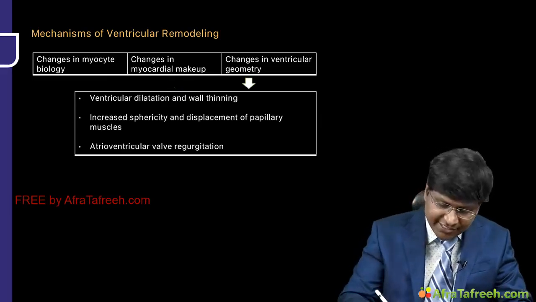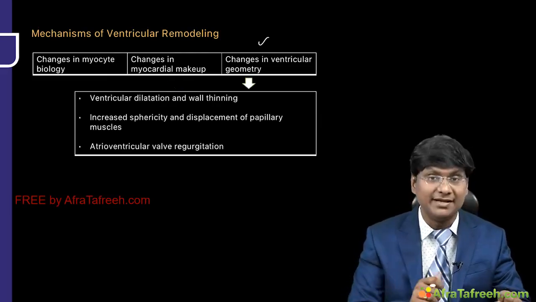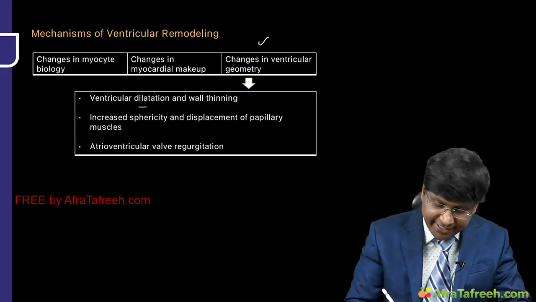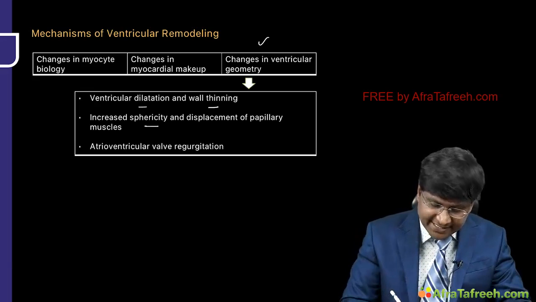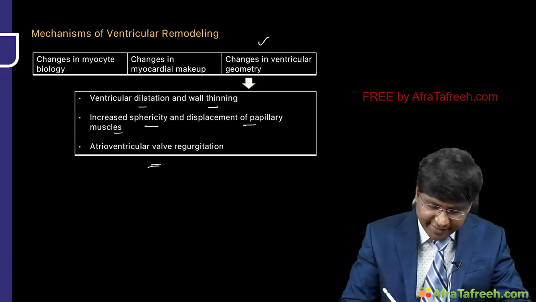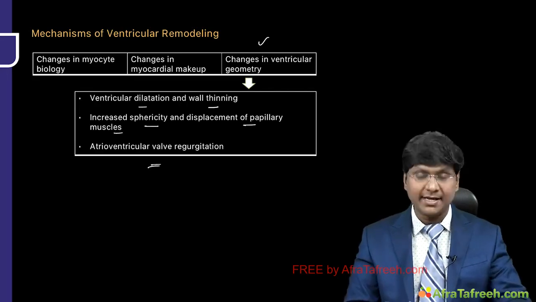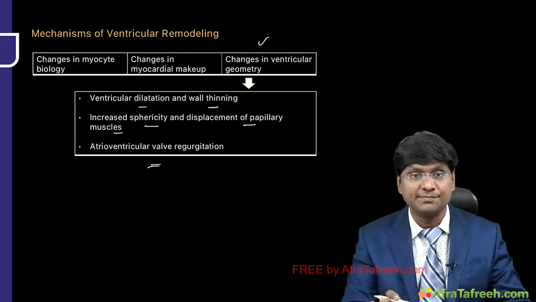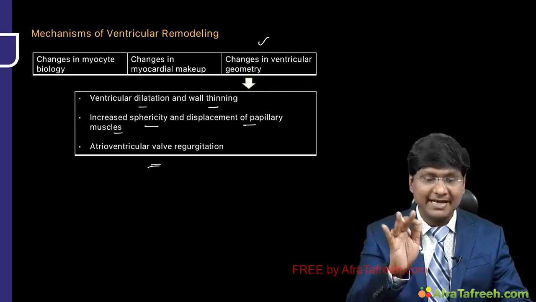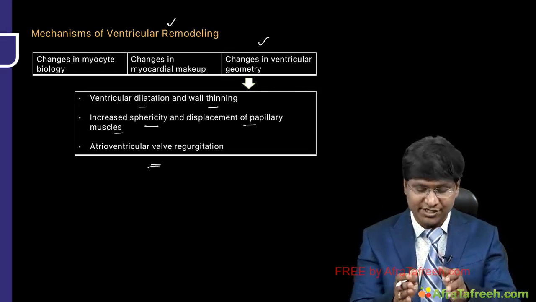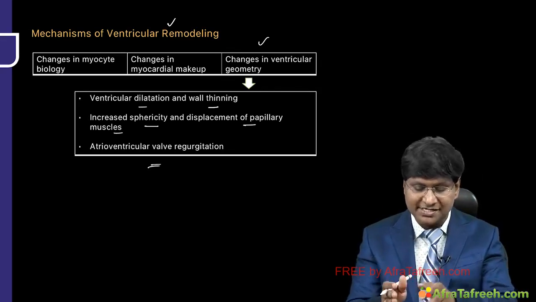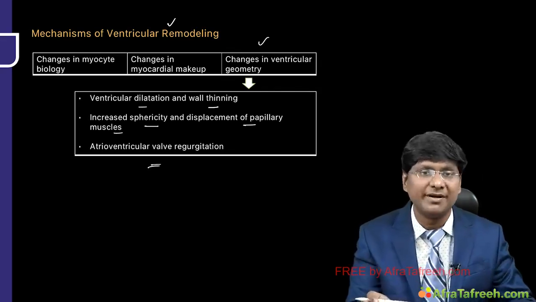Then there are also changes in the ventricular geometry, including ventricular dilatation as well as thinning of the ventricular wall, increased sphericity and displacement of the papillary muscles, and finally atrioventricular valve regurgitation. So these are the three mechanisms of ventricular remodeling: changes in myocyte biology, changes in myocardial makeup, and changes in the ventricular geometry.